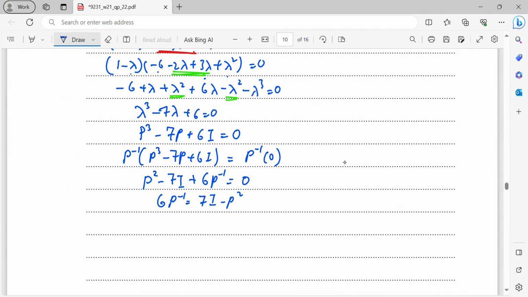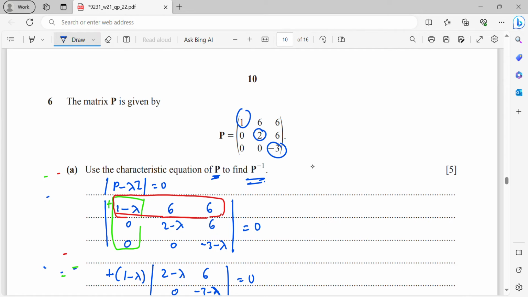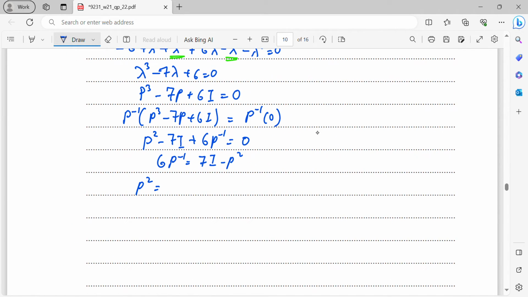Alright, so now I need to get what my P squared is first. So my P squared, I will just square this, right? So I multiply by itself. So it will be [1 6 6; 0 2 6; 0 0 -3] multiplied by itself.